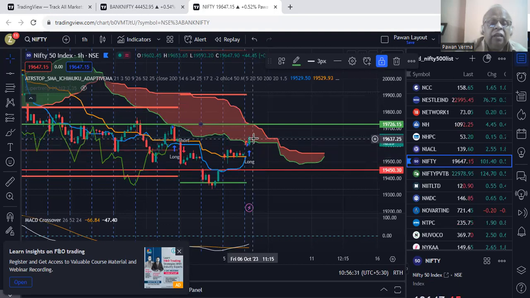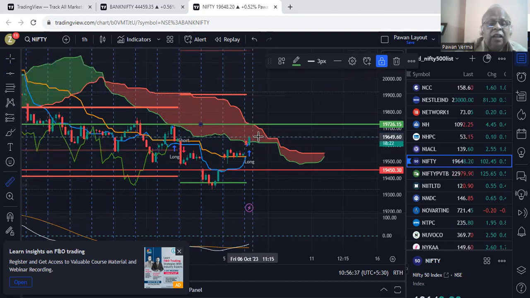From there, if we look back 26 periods, we observe the close of that particular candle is 10:15.